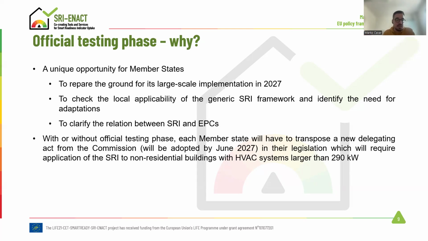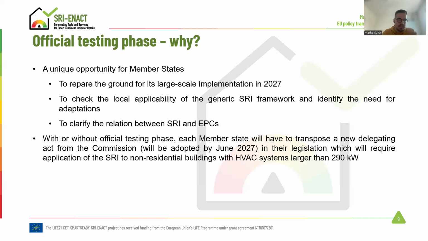In any case, with or without the official testing, member states will have to transpose this new delegated act once it is adopted in 2027. So they will need to transpose it into their legislation for the buildings above 290 kilowatts of HVAC systems.